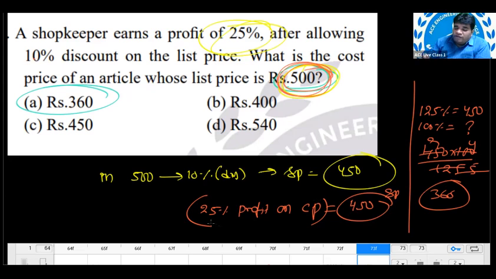This 450 is equal to the 25% profit on the cost price. So 125 is equal to 450. You want cost price, means 100%. 360 rupees.